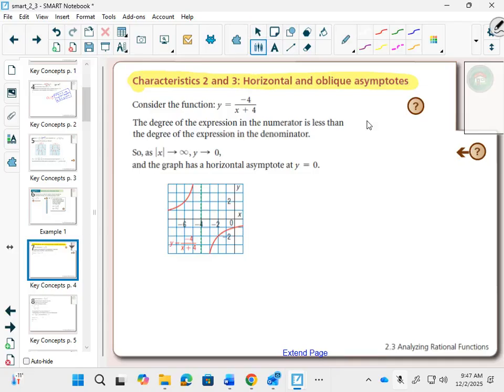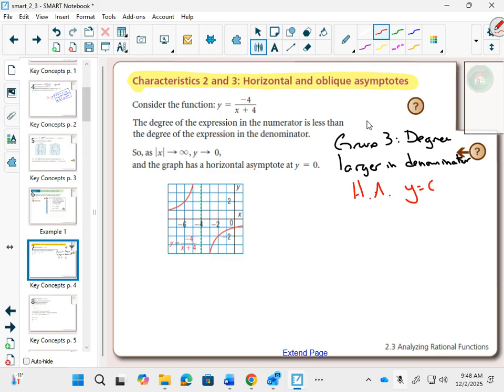And group 3 is where the degree was larger in the denominator. I'm going to make it really simple. Everything in group 3, if you have that situation where the degree is larger in the denominator, it's really simple.